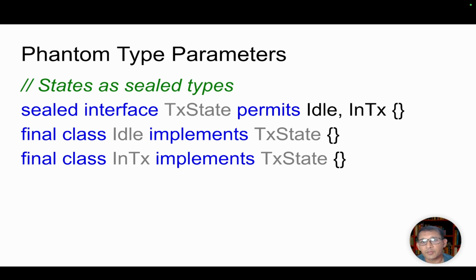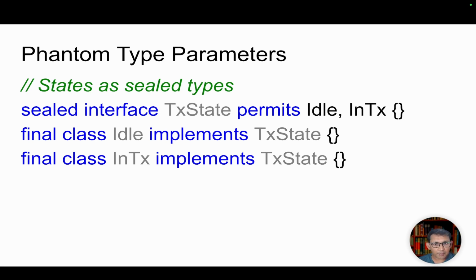The second technique is phantom type parameters. Now, when the interface per state approach becomes too verbose, phantom type parameters offer a more scalable alternative. The key insight here is that we can encode state information in the type system without that information existing at runtime.